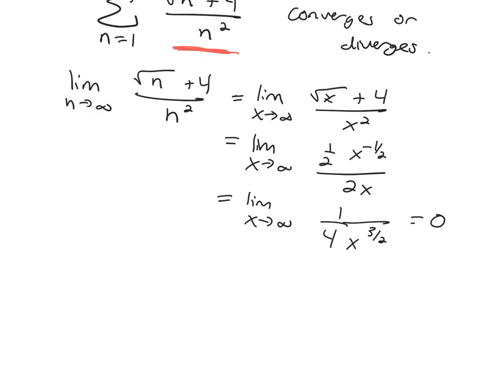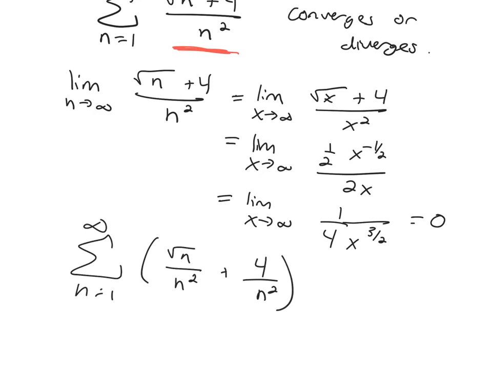So let me go back to my series here. I have a single denominator, so I can split this up. And then for the first term, I could simplify that.